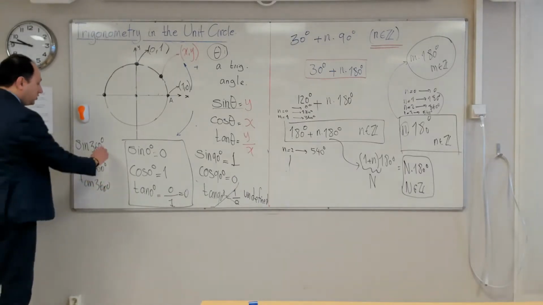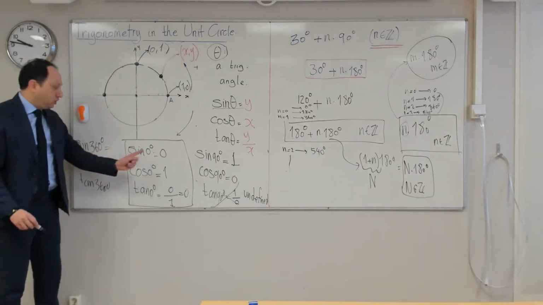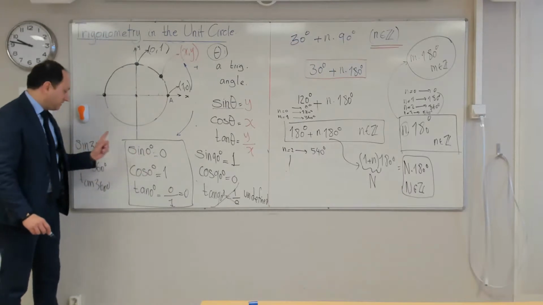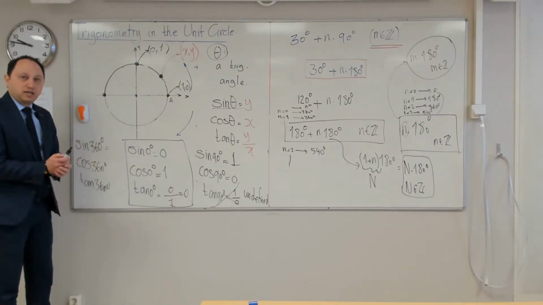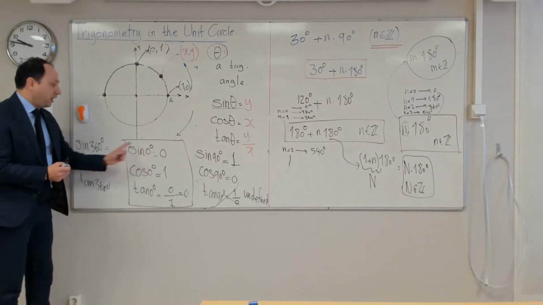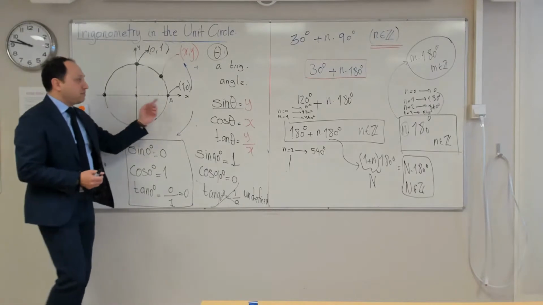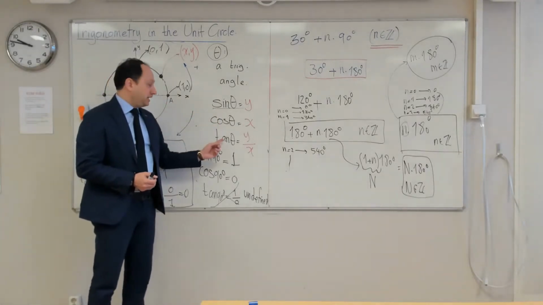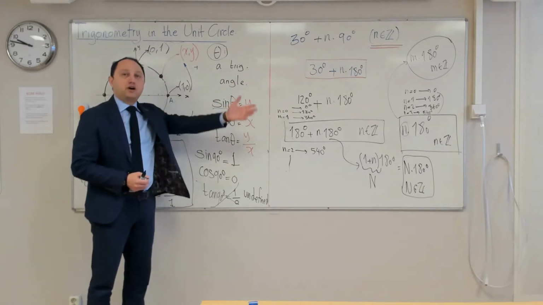Of course, you can also do the same thing, but immediately you know that 0 and 360 degrees, even though they are quite different angles, the whole point is that the final points are exactly the same point. And what matters for sine, cosine, and tangent are the x and y coordinates of the final point.